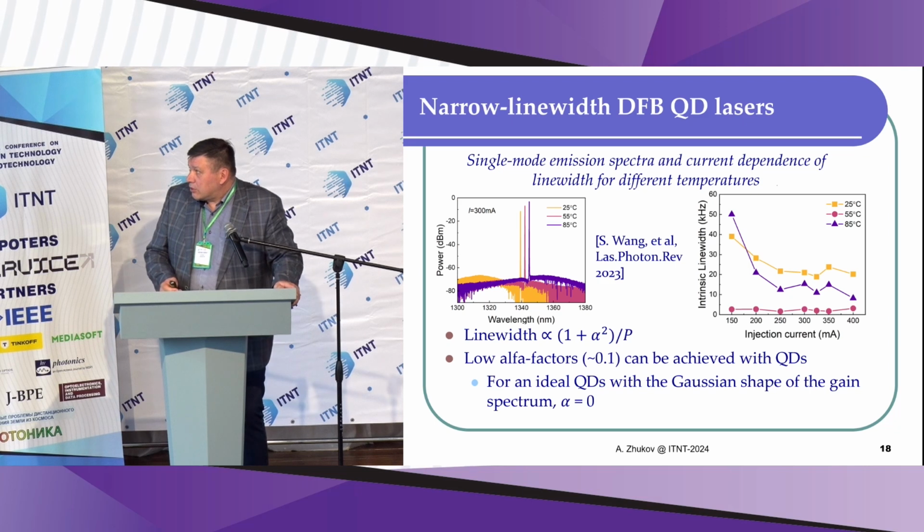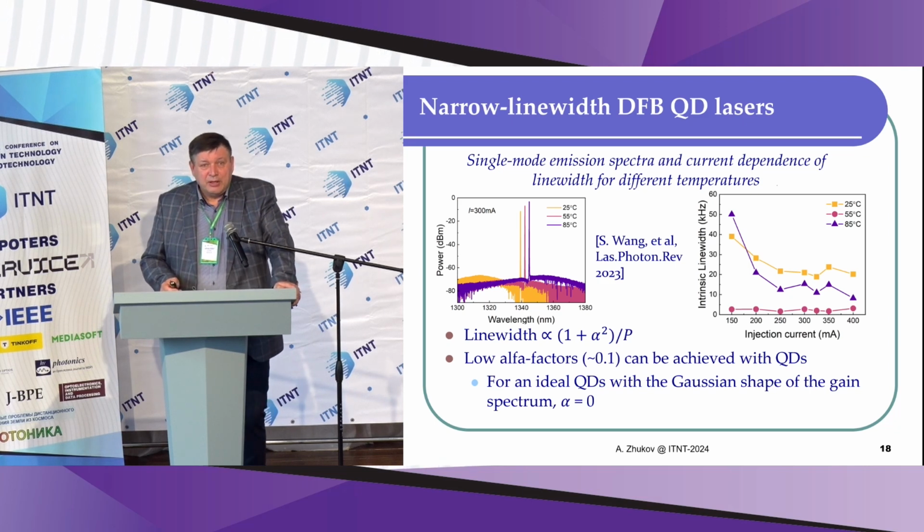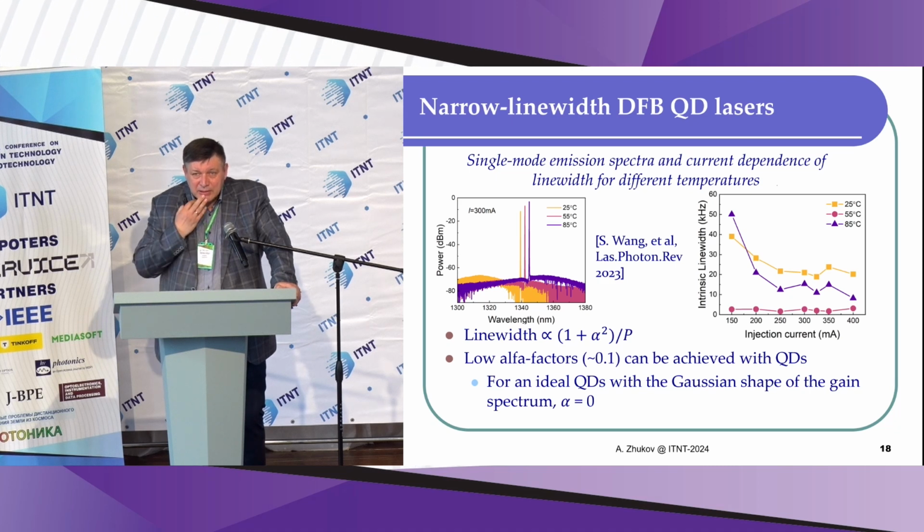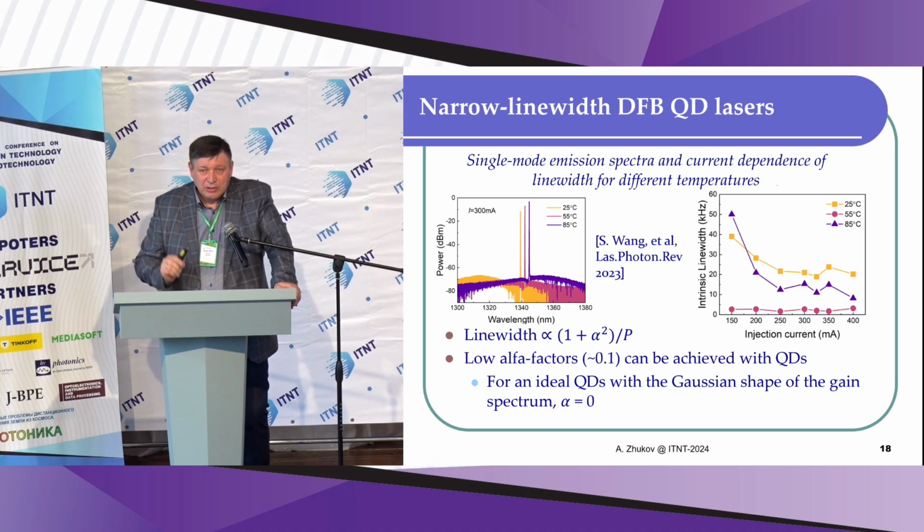And this is just to confirm my words that record small line widths can be achieved using single frequency quantum dot lasers. This is because in a semiconductor laser, the line width is typically limited by the so-called alpha factor or Henry factor.